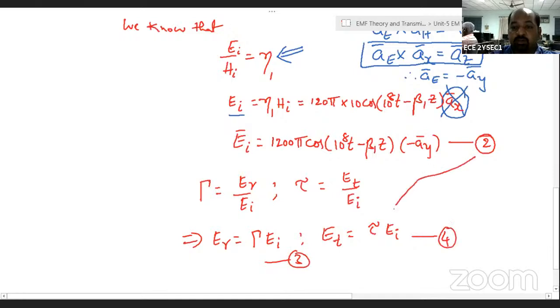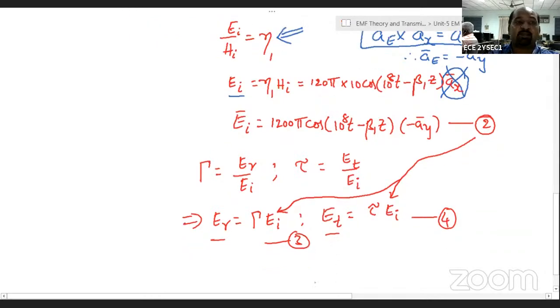Therefore, substitute equation 2 here, and similarly here, and simplify it. You will get Er and Et. Once we know Er and Et, we can determine Hr and Ht.